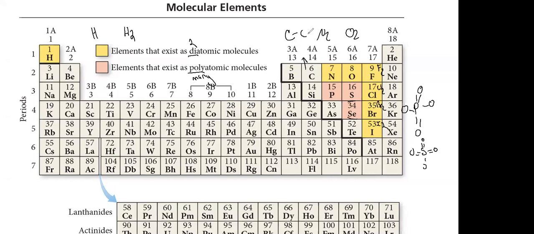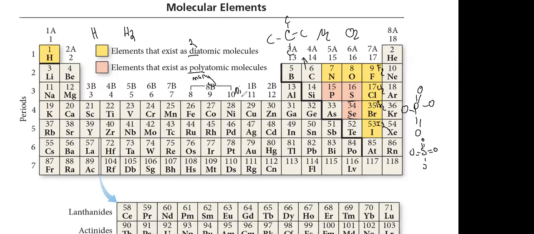They can be bound to each other like that, but they don't form a diatomic molecule or anything. Metals, nickel, right? Nickel is just nickel by itself. Iron is just iron by itself. They have their own type of bonds called a metallic bond, but they don't really form diatomic molecules.